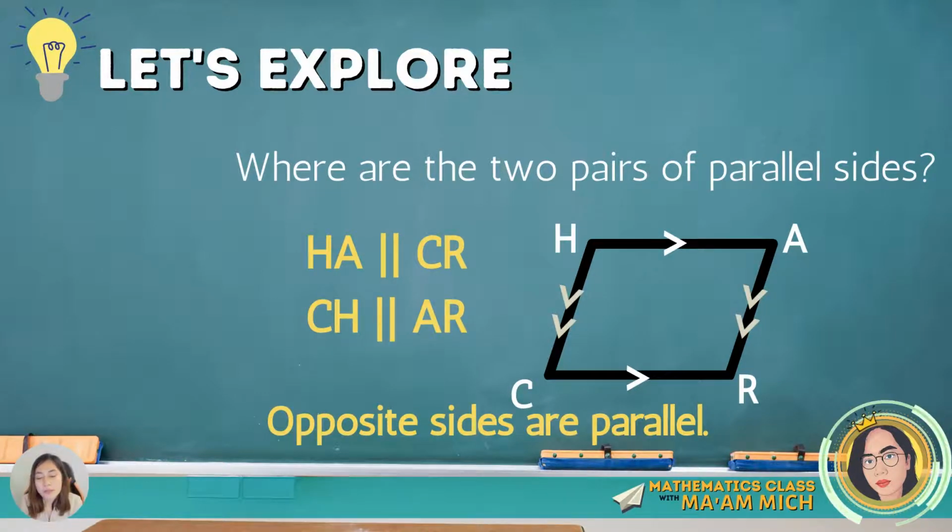Next, we have here side CH is parallel to side AR. Ito na yung second pair ng parallel side ng parallelogram natin. Okay? So, we have here isa lang and then dalawa na. Okay?